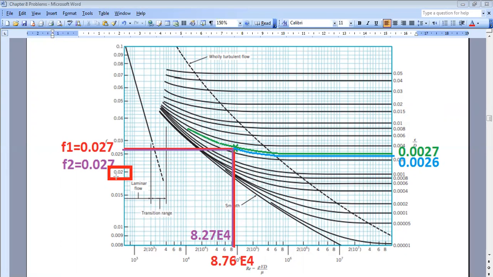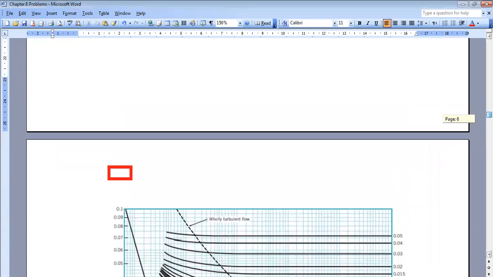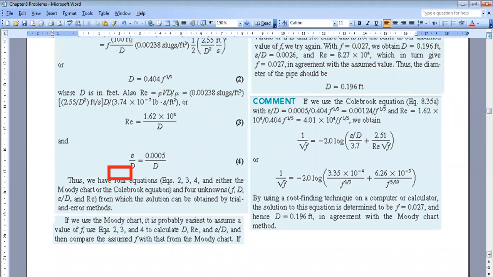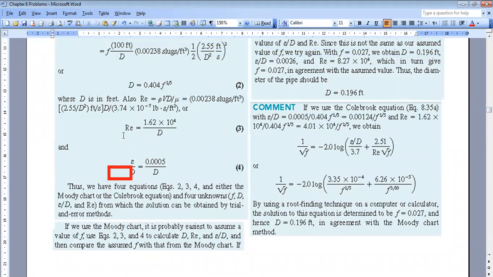So what should I do if I assume F 0.02? If I did this assumption, I should find the corresponding value for the other variables. You know that I wrote my equations here. I have these two equations here, D as a function of F and Reynolds as a function of D. So if I did an assumption for F, if I replace in equation 2, by assuming F, I start by F0.